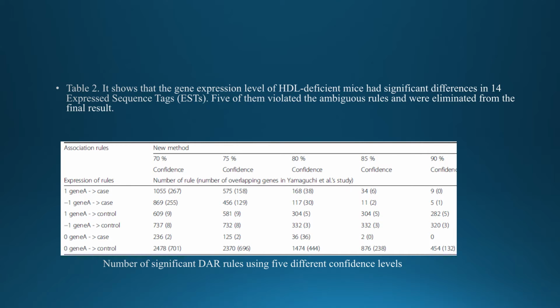The main statistical techniques currently used are multiple t-test, factor analysis, principal component analysis, and other dimension reduction methods. Here we can see the association rules from gene A to the case and the control, using different confidence levels from 70 to 90%. These are the confidence and the number of rules that have been generated using a primary software.